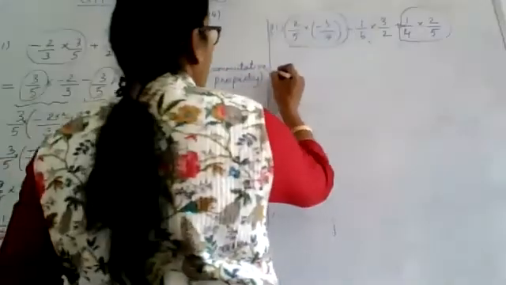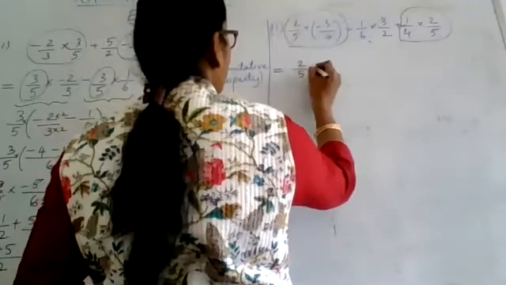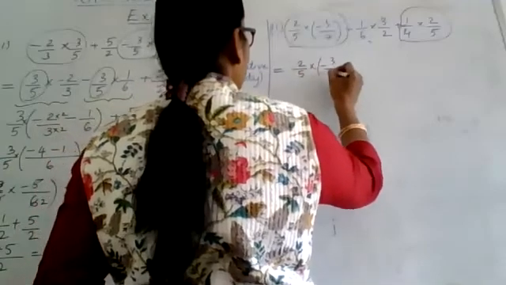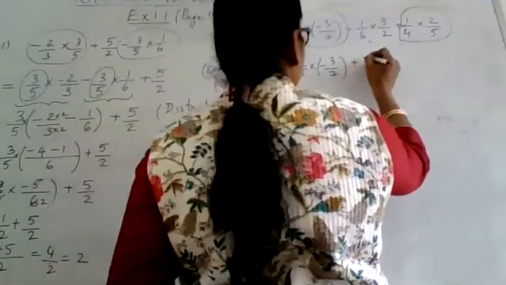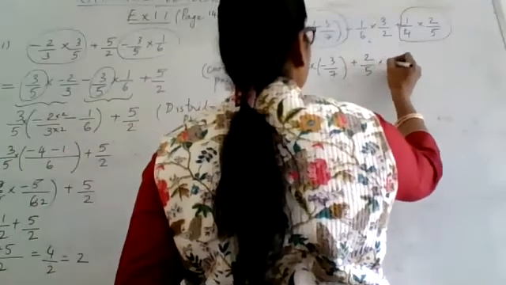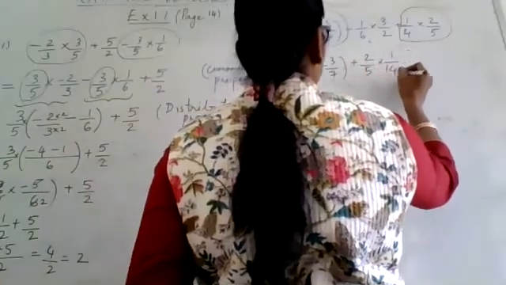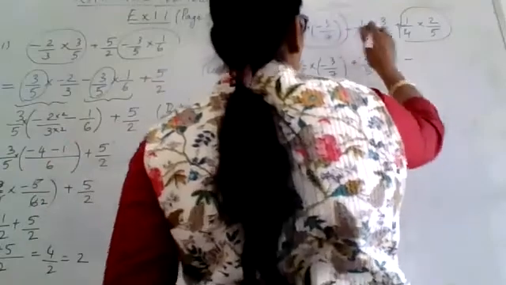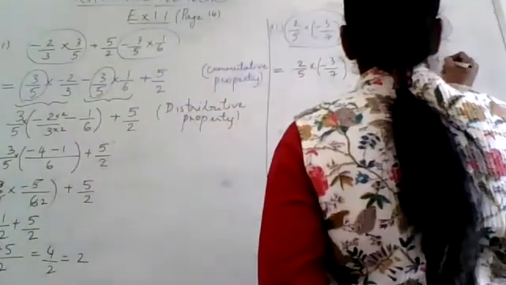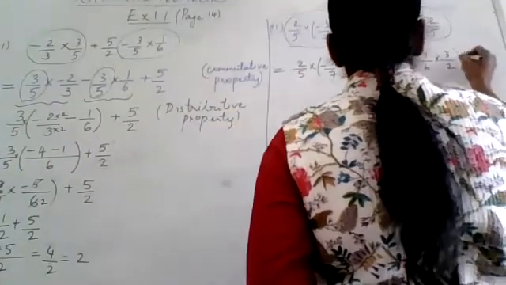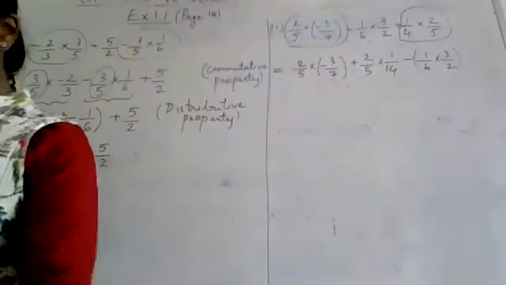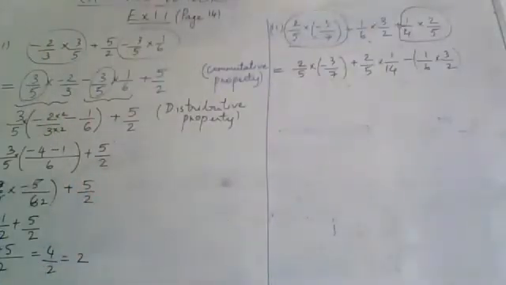So let me put it like this. First, it is 2 by 5 into negative 3 by 7 plus 2 by 5 into 1 by 14 minus 1 by 6 into 3 by 2. This is separate. But we don't have any common factor there, so I'm not doing anything with that.